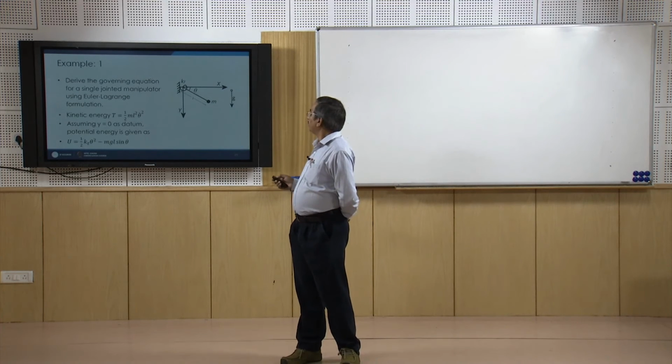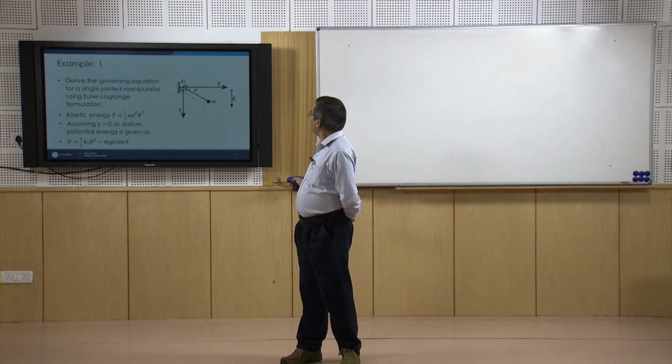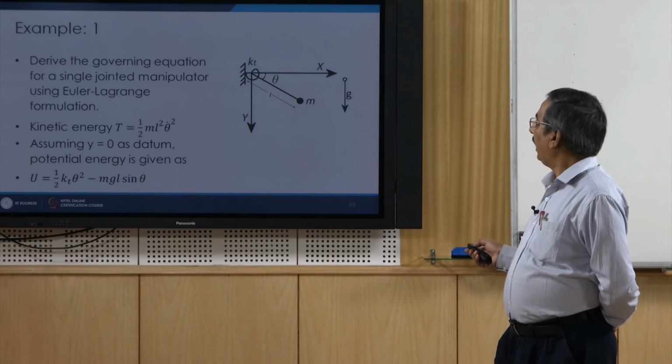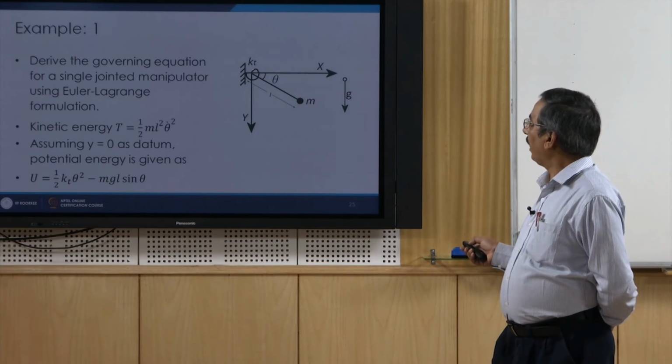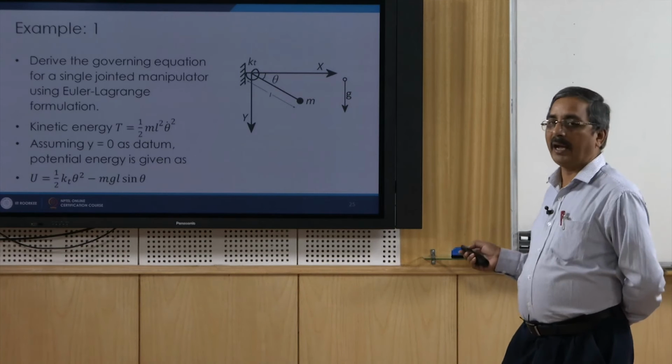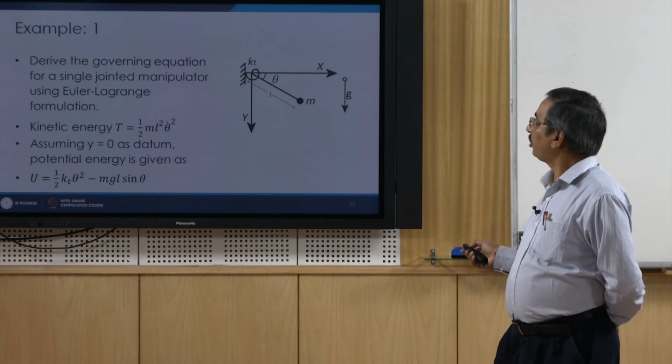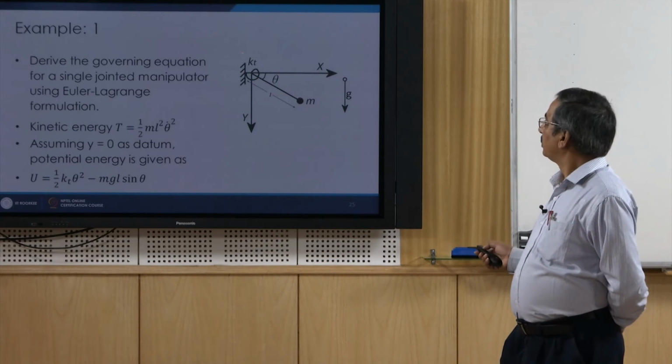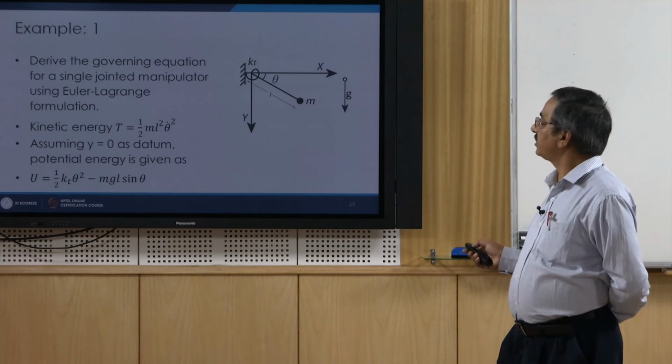Suppose I have a pendulum here, basically a mass m at the end of a link of length L, and to actuate this joint I have a torsional spring. So, this torsional spring actuates this joint.